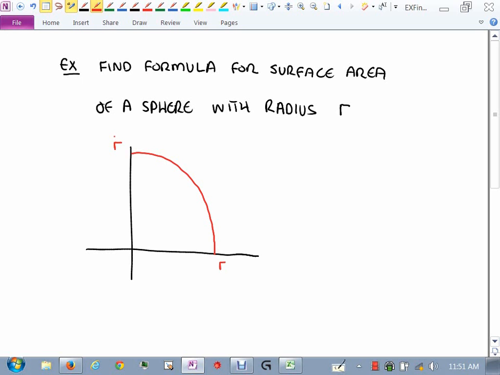All right, do you agree with my picture? Do you agree that if I rotate that around the x-axis and find its surface area and double it, I'll get the surface area of the sphere? Yes? All right. Well, I need to find what this function is, right? Y equals what? So the way we did this before is we started out by looking at the general equation of any circle centered at the origin, radius r, and this is what they all look like, right? X squared plus y squared is r squared. You remember what we did now?